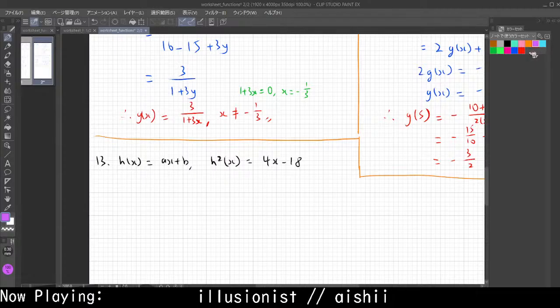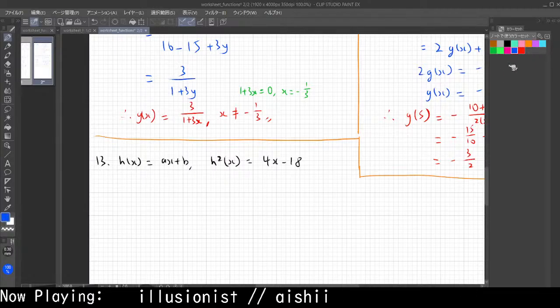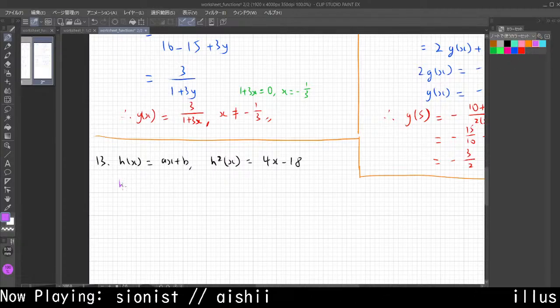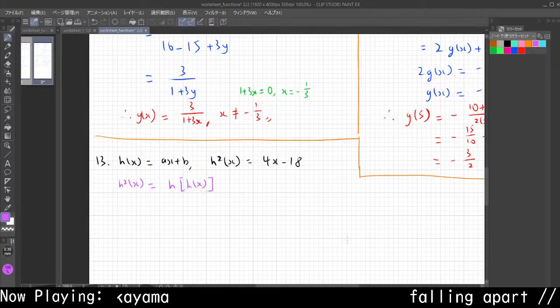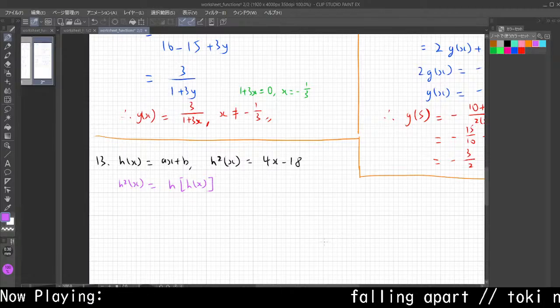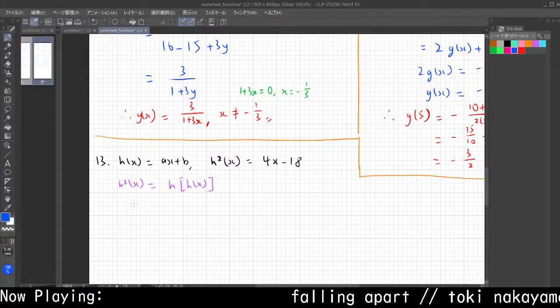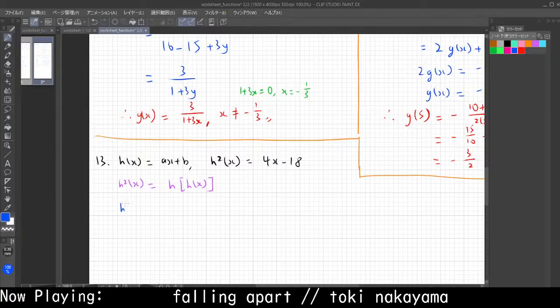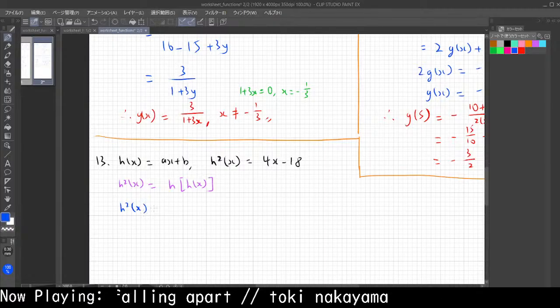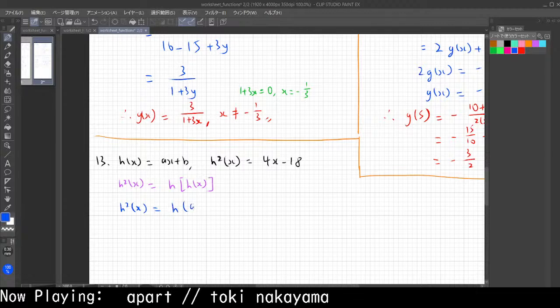h2 is basically h with itself, so I'll just insert h into itself. Therefore, with this in mind, we can write h2 to be equal to h of (ax plus b).